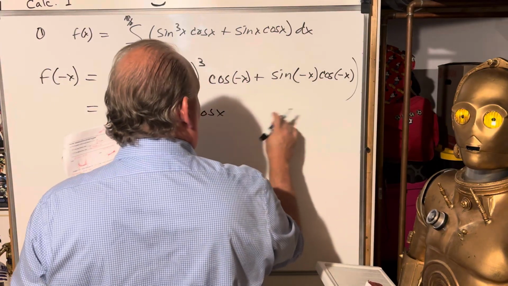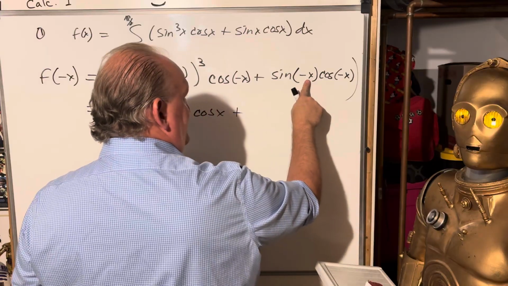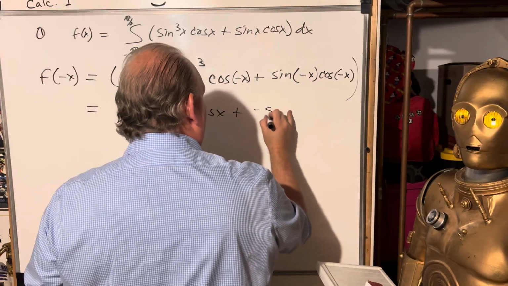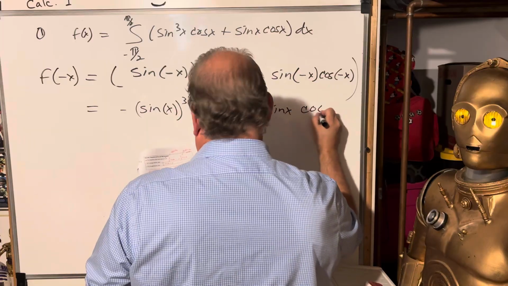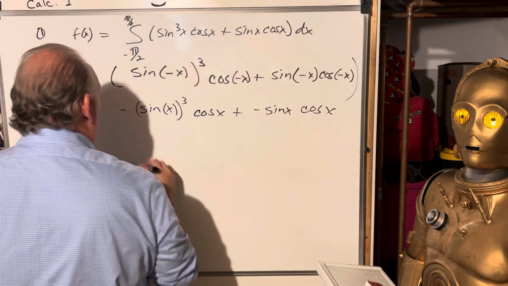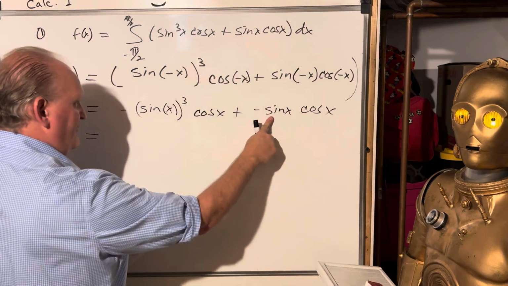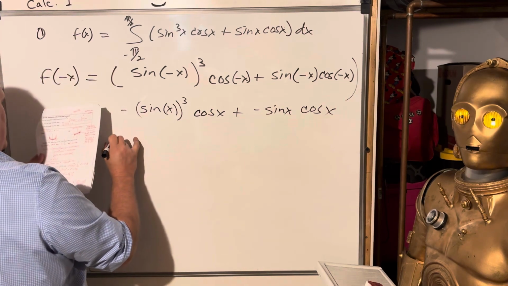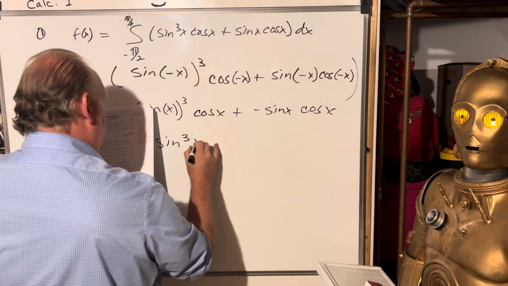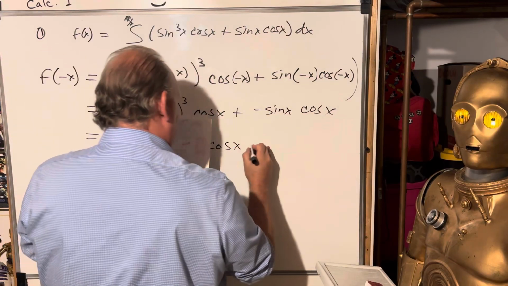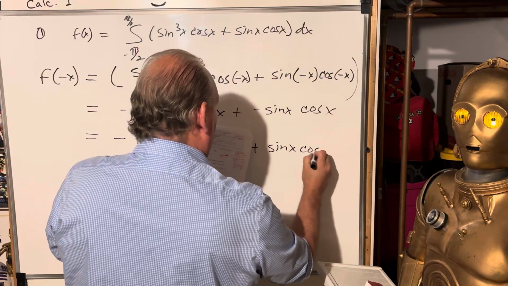And then what happens here? Plus the sine of negative x, that is negative sine x. And the cosine of negative x is cosine x. And so we have basically a negative and a negative. I can factor that out and say it is the opposite of sine cubed x cosine x plus the sine x cosine x.